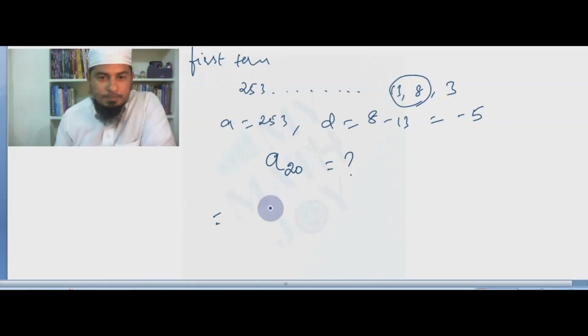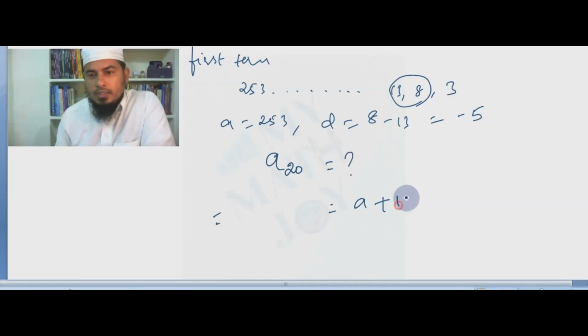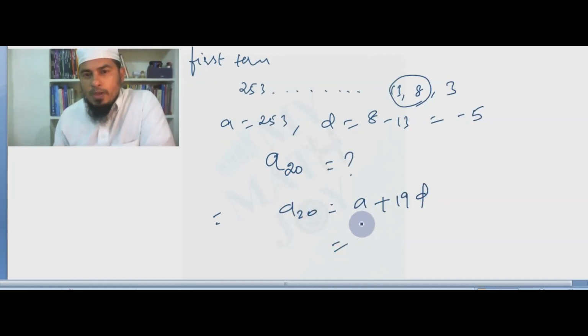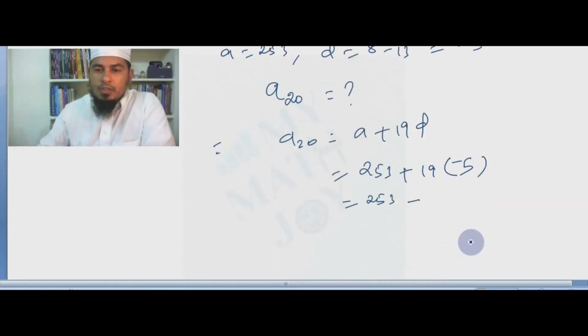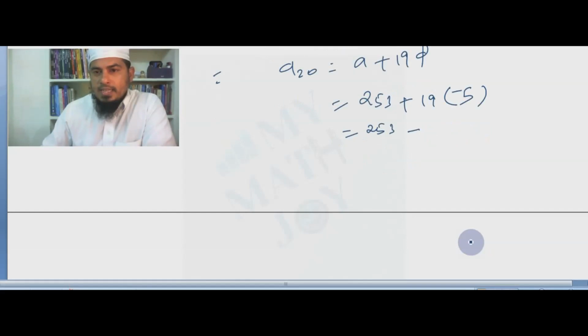So A20 is equal to A plus 19D, and A is my 253, and D is my minus 5. So 253 minus 19 times 5.